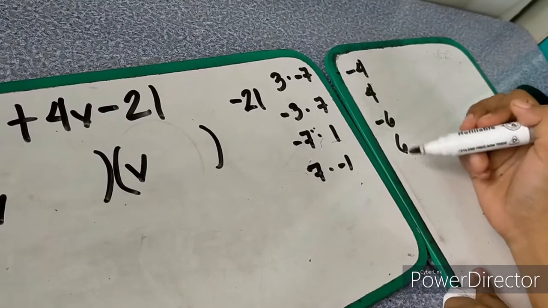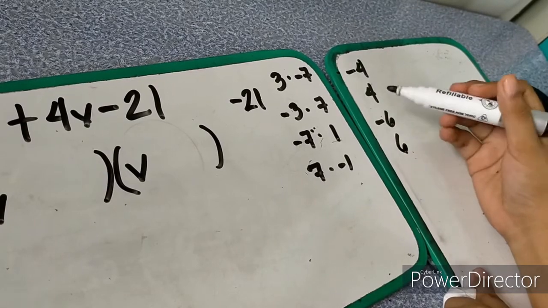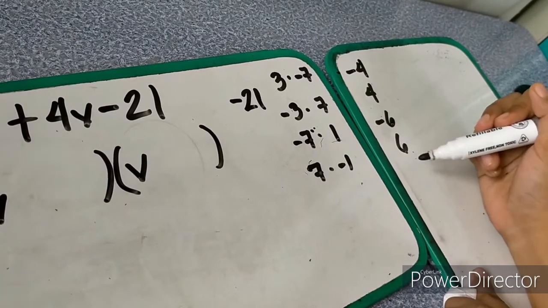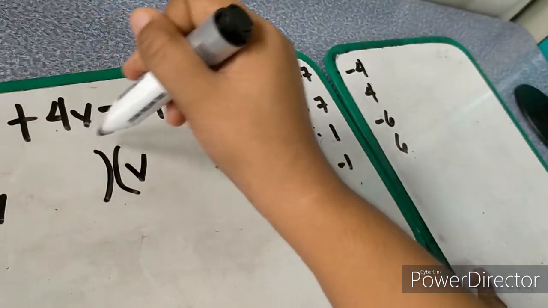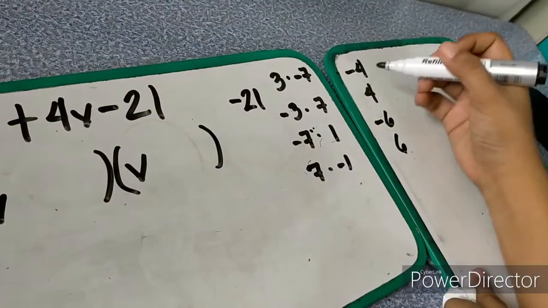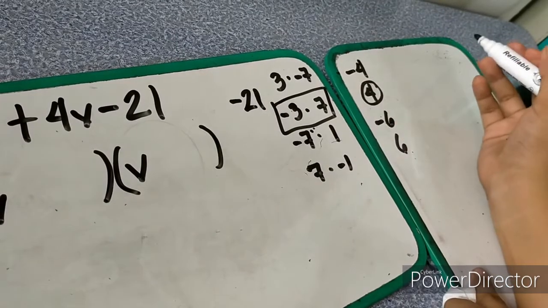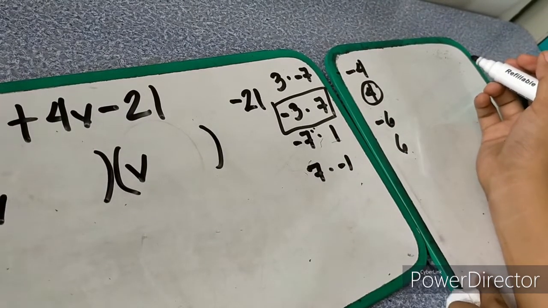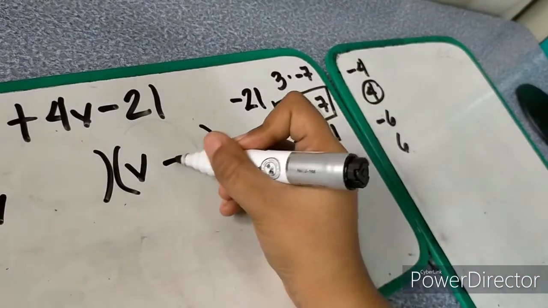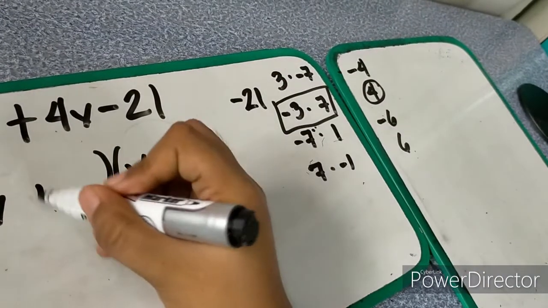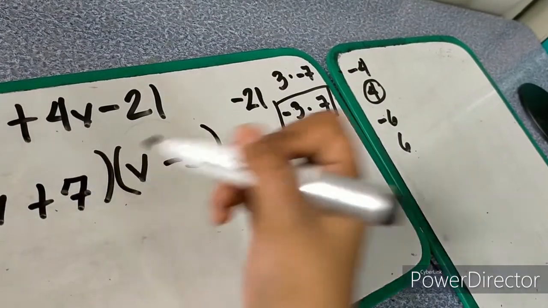Now, among this sum, which is equal to the middle term 4, correct? This is the factor, negative 3 and positive 7.